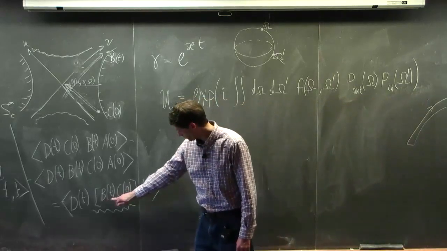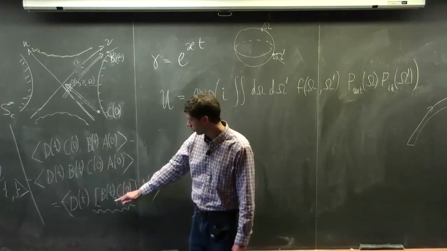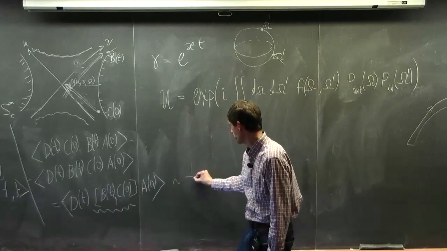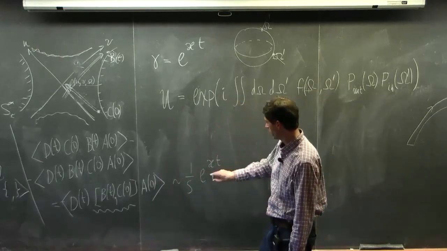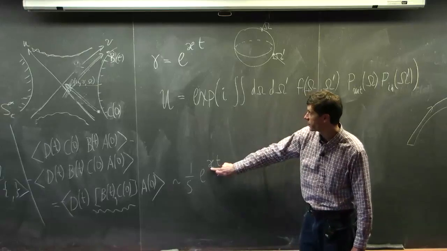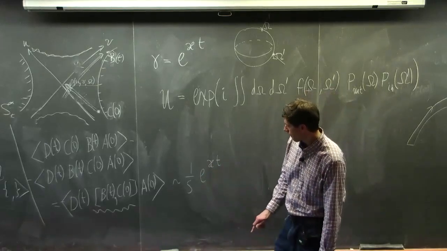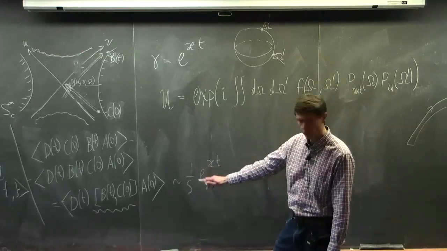When we calculate this correlator, it grows exponentially like this. And by the way, the exponent is exactly the surface gravity, kappa. And it saturates when this thing becomes order 1.